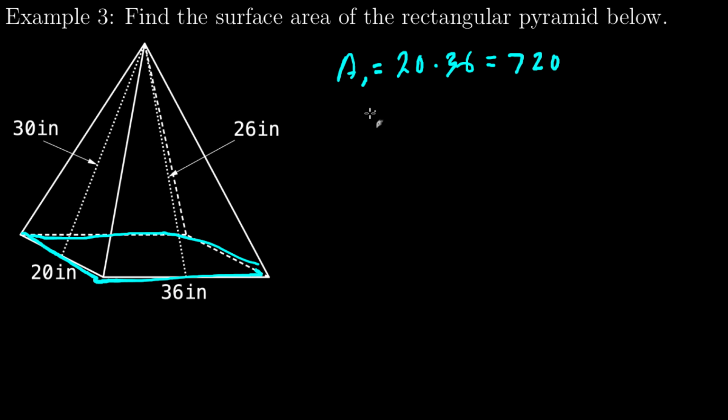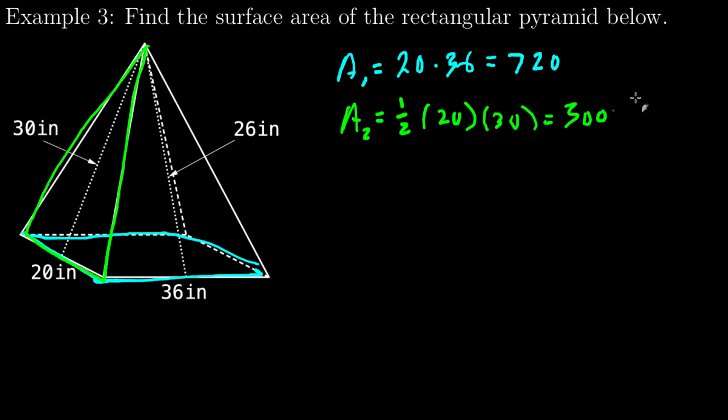Okay, for this left side, this left lateral face, it's a triangle that is 20 wide and 30 tall. So I have half times 20 times 30. Well, that's 10 times 30. That's 300. I could go to the calculator if I need to.